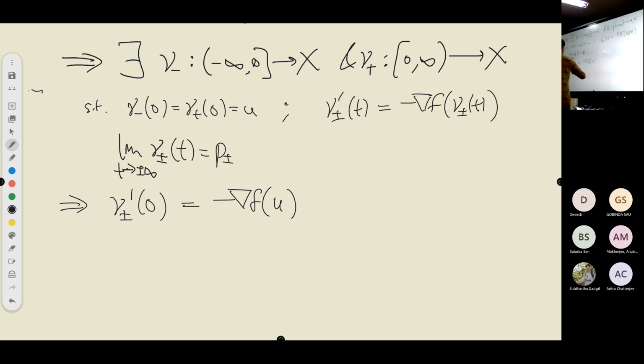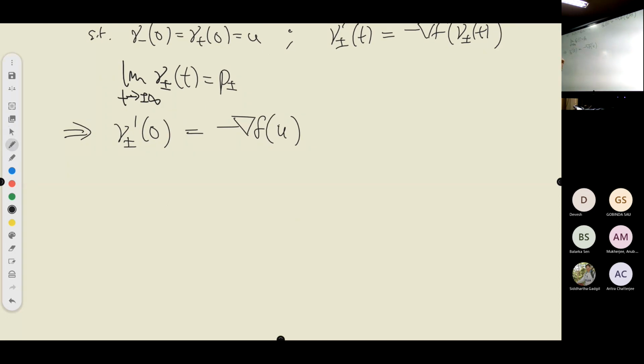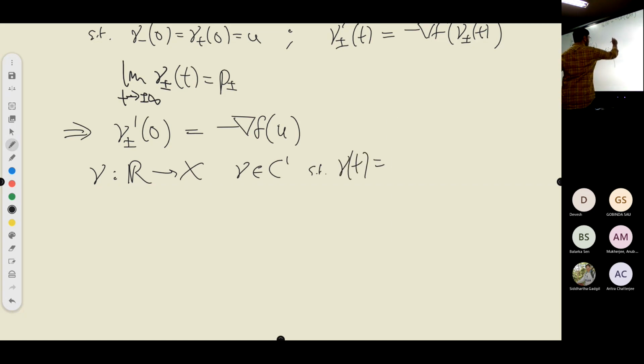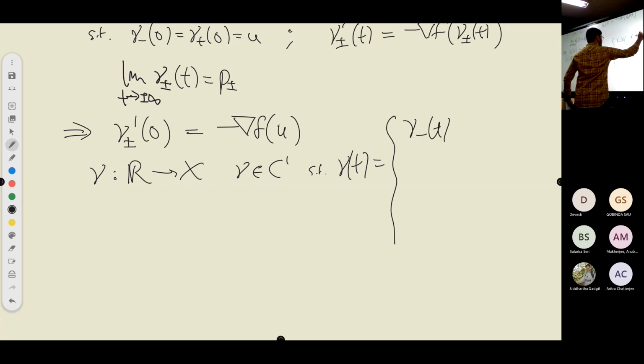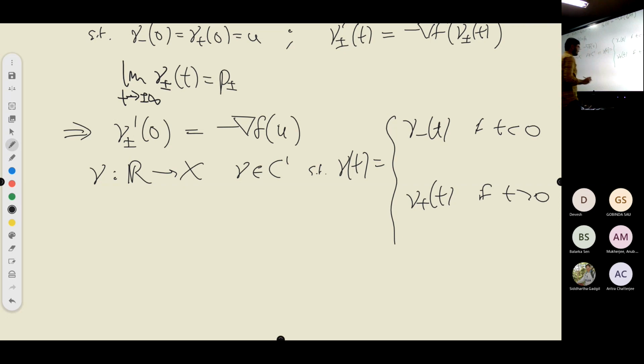So we can get gamma mapping from R to X, and gamma is now C1, such that gamma t equals gamma minus t if t is less than 0, and gamma plus t if t is greater than 0.